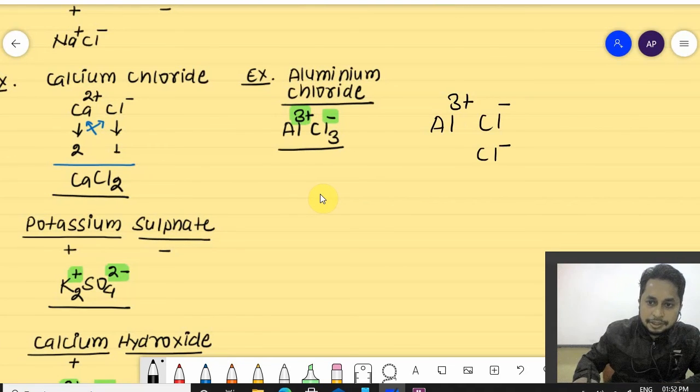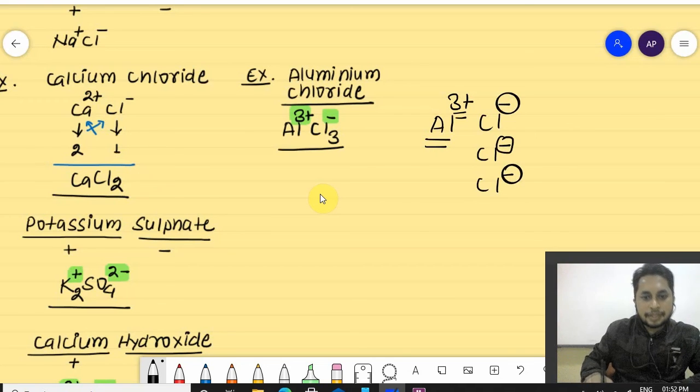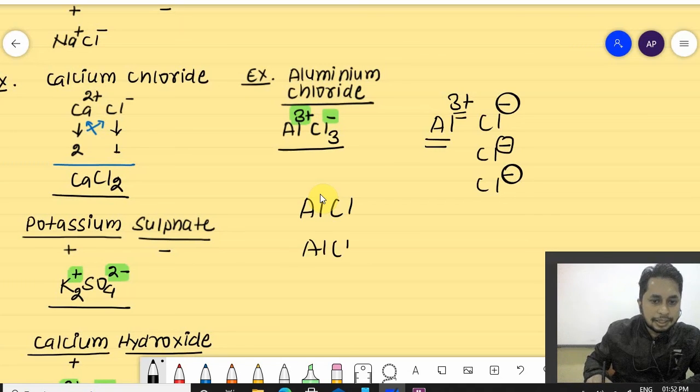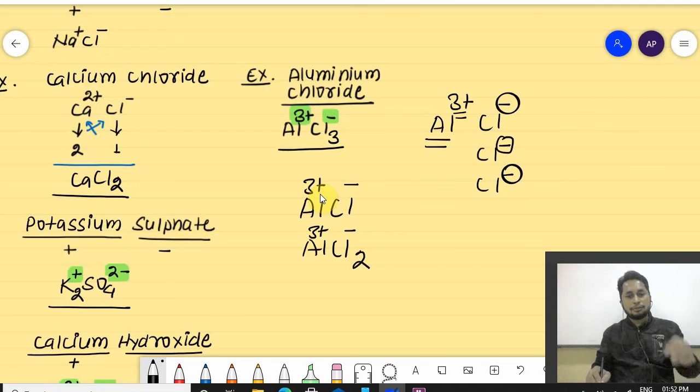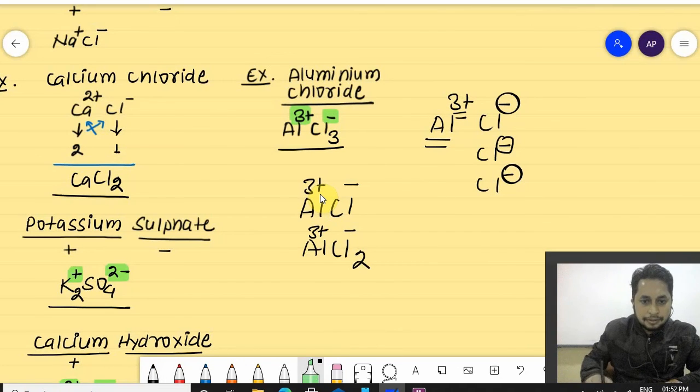Why is cross multiplication required? Because to balance triple plus, 3 minus charges are required. That is why the formula of aluminium chloride would not be AlCl or AlCl2, because triple plus will not be neutralized by single minus or double minus. To neutralize this triple plus of aluminium, we require 3 minus charges, and for that we require 3 Cl.